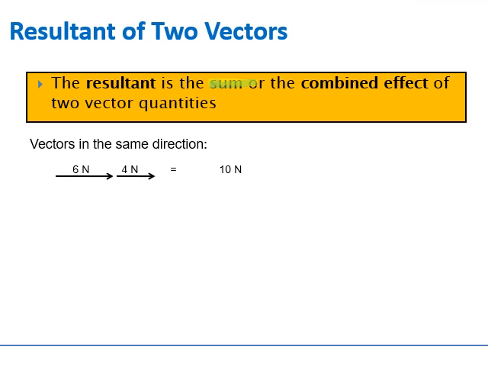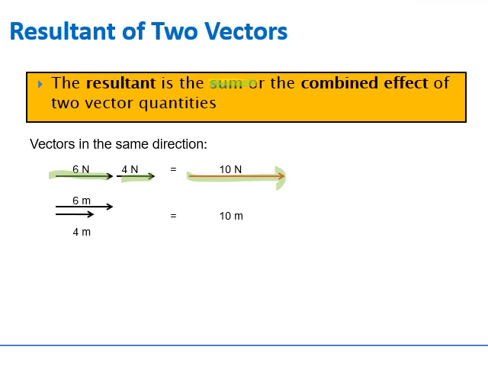If you have vectors in the same direction, for example, if you have these two forces 6 Newton and 4 Newton, and they both are in the same direction, you can simply add them and you will get 10 Newton resultant, and that will also act in the same direction.